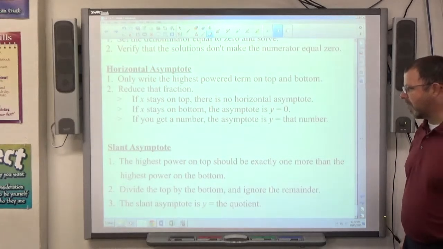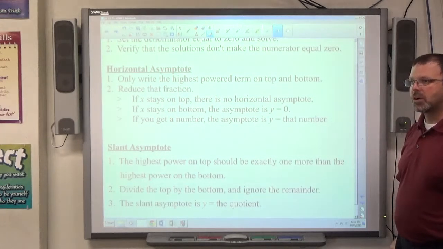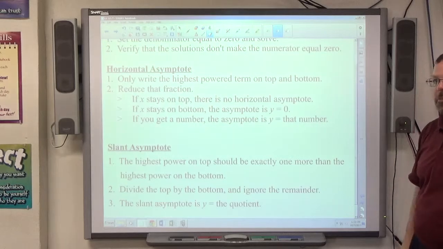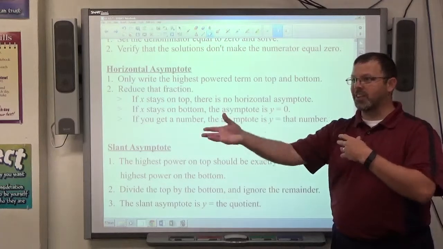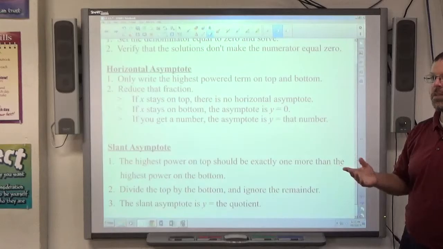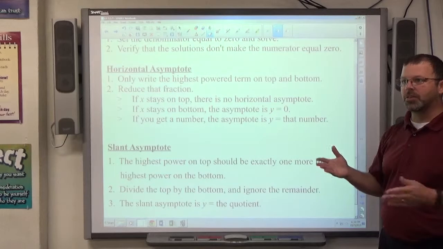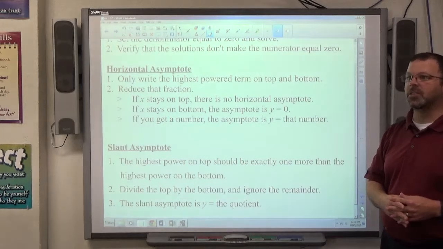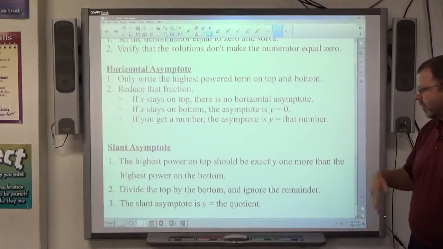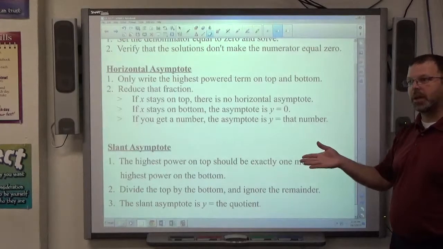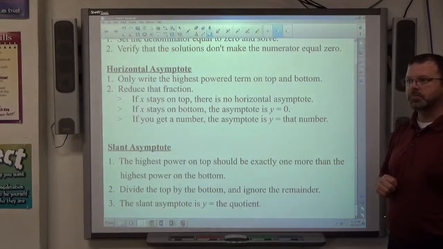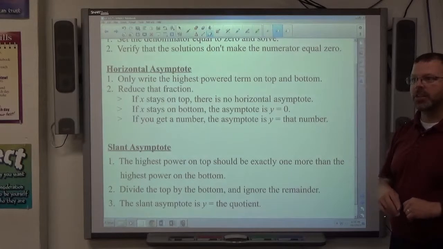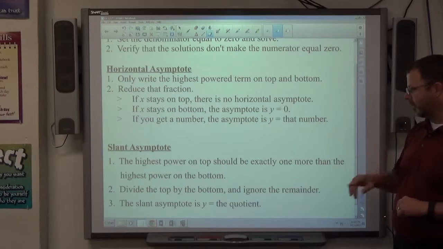And all you have to do is divide the top by the bottom. Long division. There's no synthetic division available on this one because the bottom can be some polynomial function, x squared, something like that. But it's going to be linear, so it's only going to be a two-stepper, an easy long division. And y equals whatever the quotient is. It'll be a linear equation. Remainder doesn't count. Just ignore the remainder there.